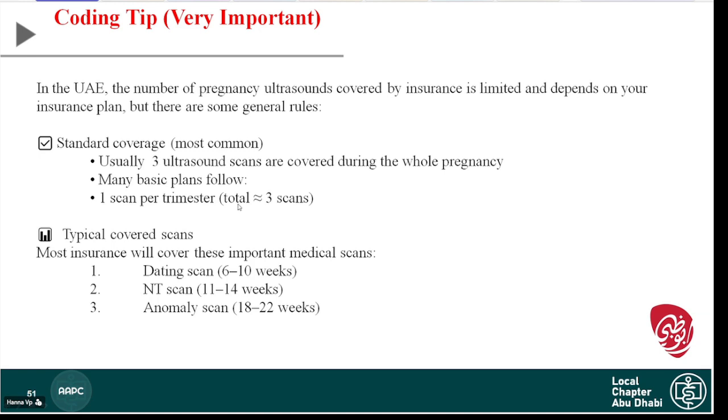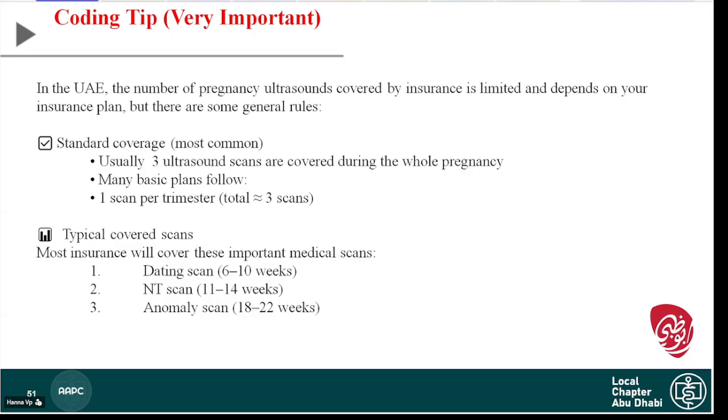So usually 3 ultrasounds are covered, but if the patient has a life-threatening condition or any other medical necessity, maybe more than 3 will be covered. But the proper ICD diagnosis condition is needed. So usually we can say a minimum of 3 ultrasounds.